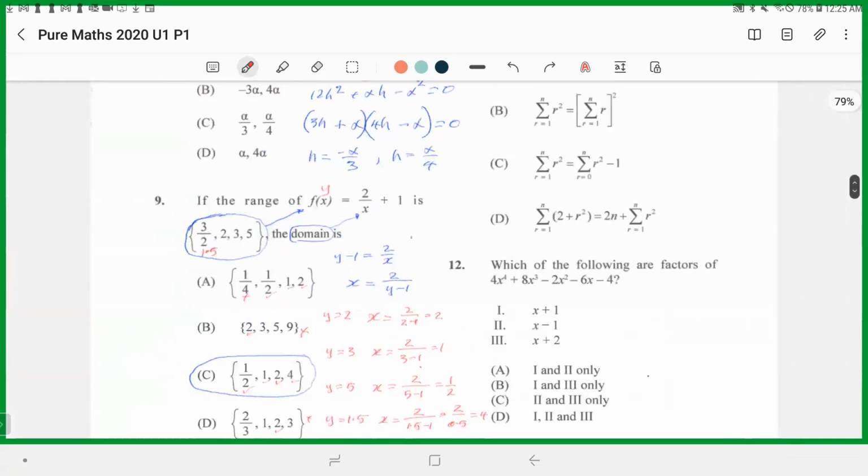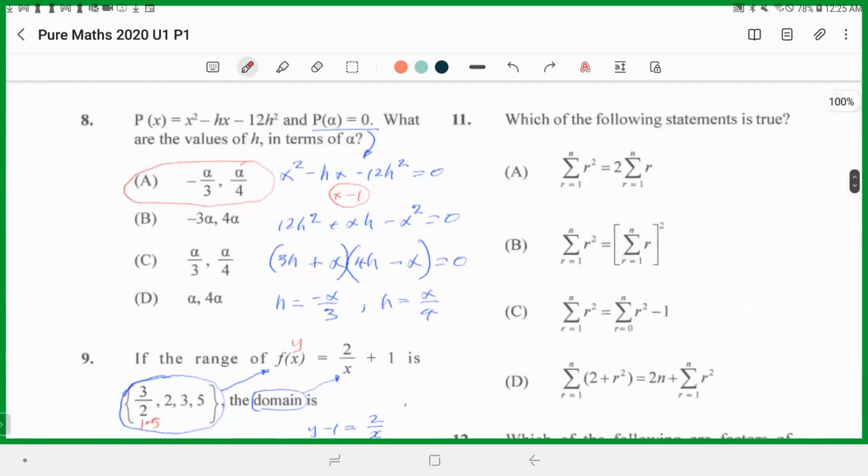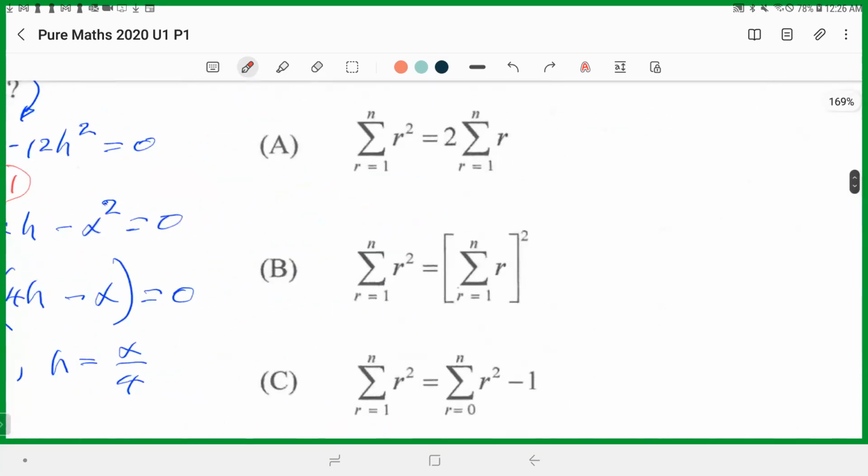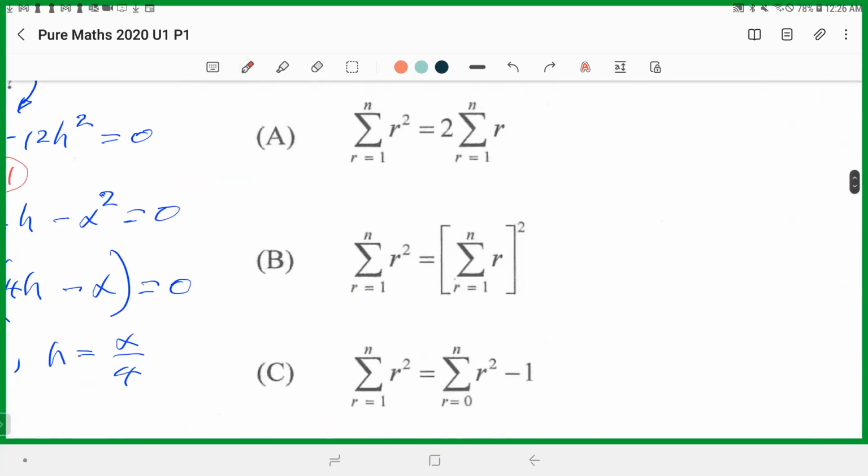Number 11. Number 11 says, which of these is true? Now, if I get these and I can't really interpret them, I can just test a couple of values, maybe the first 3 values. So if I put in the values for the first 3 here, it's going to be 1 squared plus 2 squared plus 3 squared. And is it equal to this?